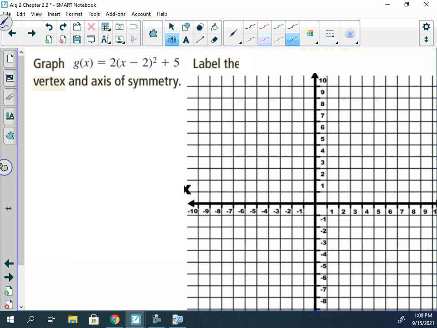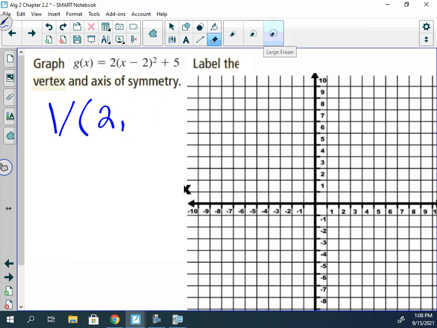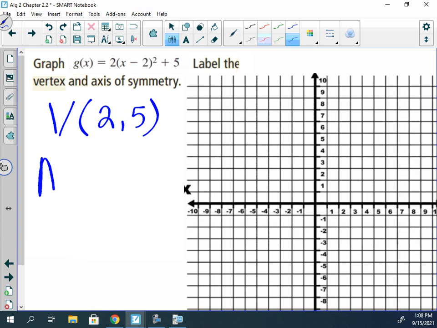Well, this one here, we really don't need the graphing calculators to figure this out because the vertex would be 2 and positive 5, yes. Now, because the 2 is negative inside the parentheses, it's going to come out as positive. Now, all the ones we've done up to this point, they've all been positive inside, so they came out negative.